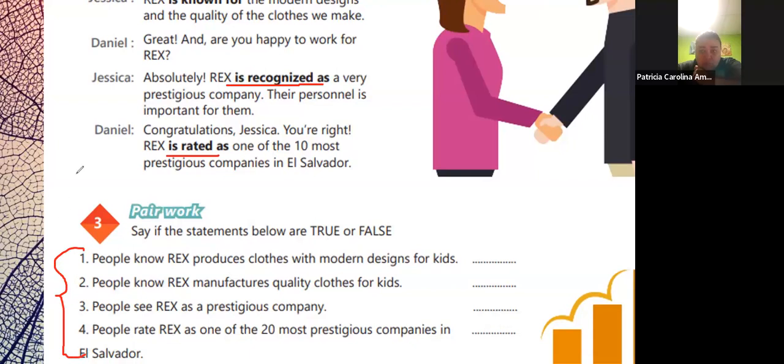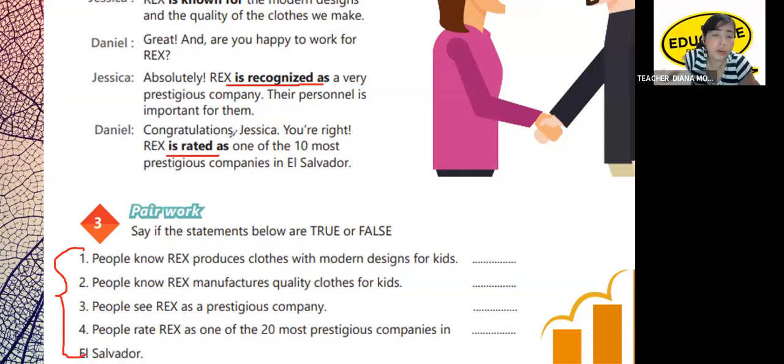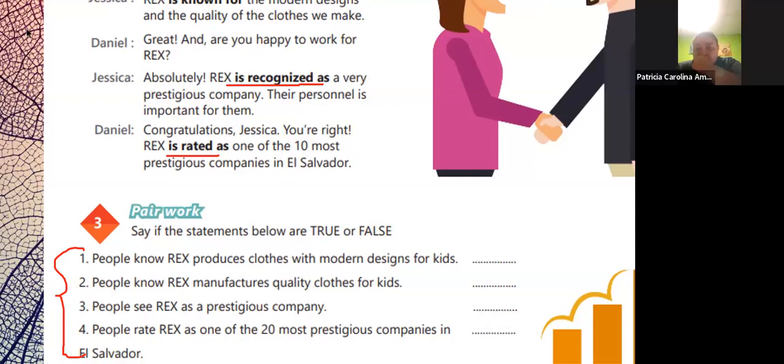But in use. Can you recognize what is the difference in use? No opinions?